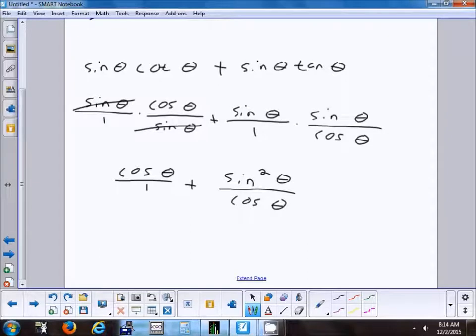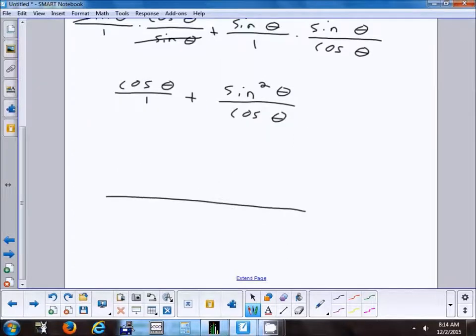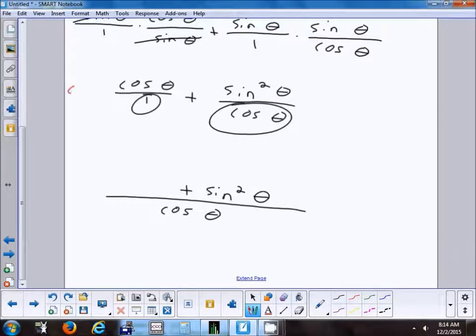Now here what I would do, since everything is already sines and cosines, is find a common denominator. Easiest way to find a common denominator is to take the two denominators that you have and multiply them together. The fraction on the right already has the common denominator, so we're not going to do anything to it. The fraction on the left, I'd have to multiply both top and bottom by cosine theta.